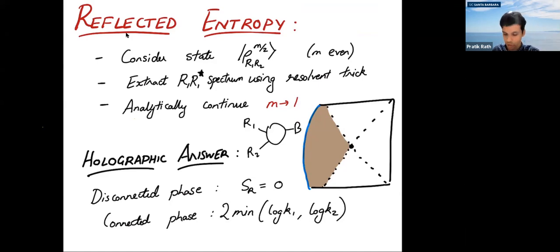There's actually no geometric surface that splits these two systems because both of them are right on the brane. And so the only possibilities are having an entanglement wedge here or here. So it's like cutting the R1 leg or the R2 leg. I'm just drawing a network picture for the geometric description.